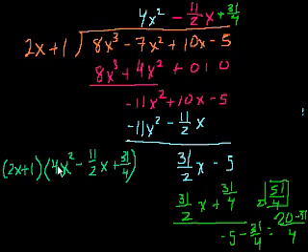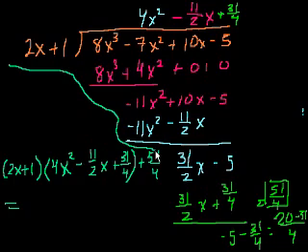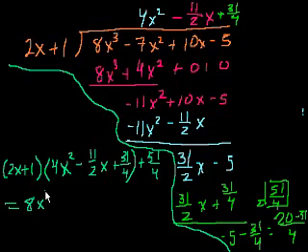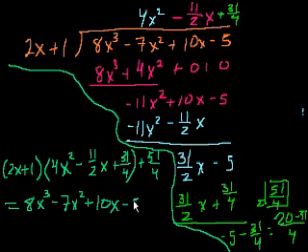So when you multiply these two out, and then add the remainder, minus 51 over 4, that would equal, and let me draw a dividing line, I don't want to confuse you with all this stuff here, that would equal this. That would equal 8x to the third minus 7x squared plus 10x minus 5. Anyway, I hope that helps. See you in the next video.